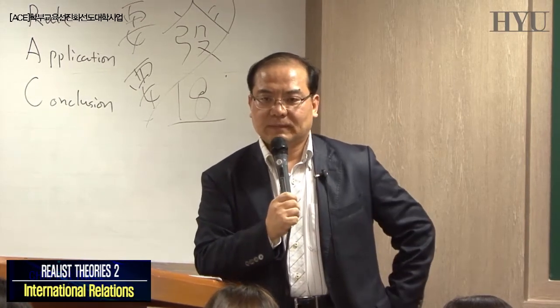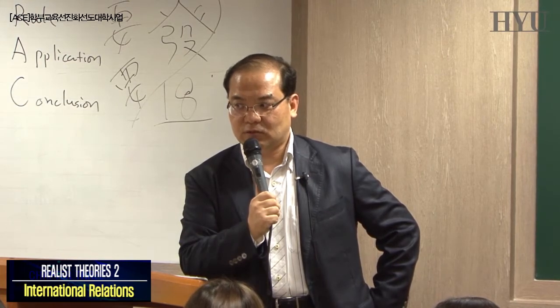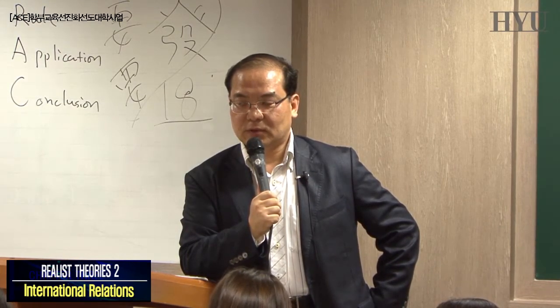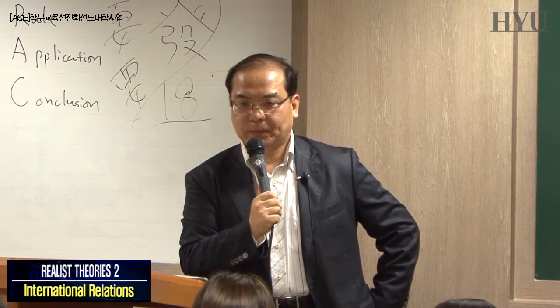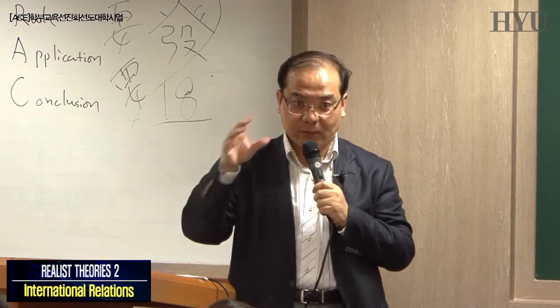The UK in the 18th and 19th century, historically the first hegemonic system, and the US in the 20th century, even stronger in the 21st century. British hegemony, US hegemony.